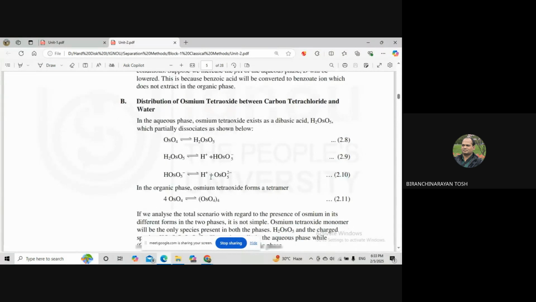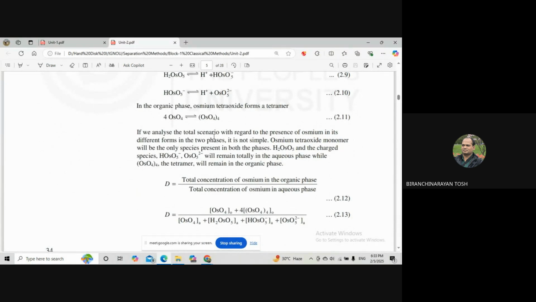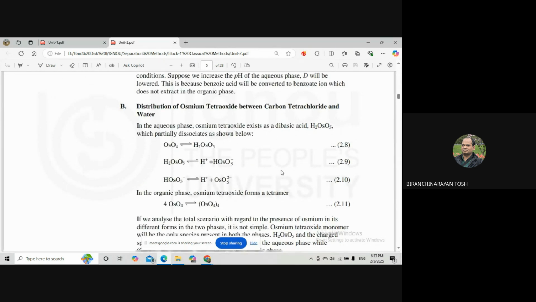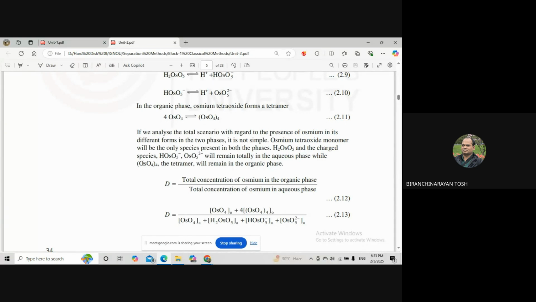So what will happen in this case? You can see the same thing as in the case of benzoic acid. If you analyze the total scenario with regard to the presence of osmium in its different forms in the two phases, the osmium tetroxide monomer will be present in both phases, whereas the dibasic acid H2OsO5 and the charged species, the monoanion and dianion, will remain totally in the aqueous phase, while the tetramer will remain in the organic phase.